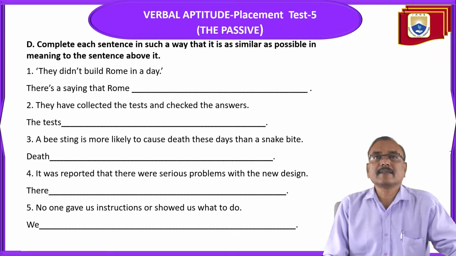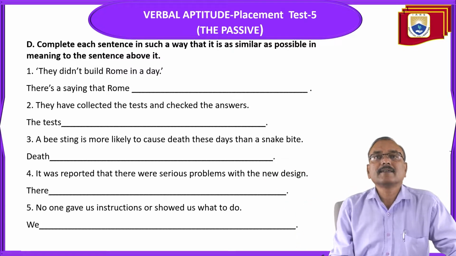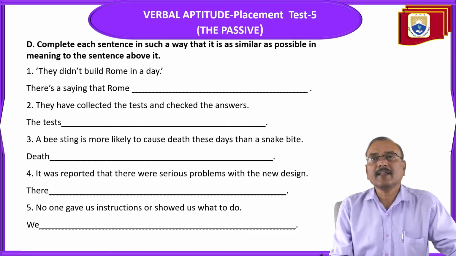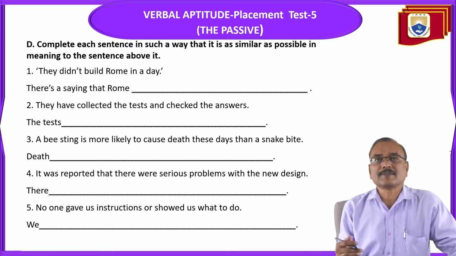This is a rewrite as directed. So, read the instructions. Complete each sentence in such a way that it is as similar as possible in meaning to the sentence above it. So see here, active to passive, passive to active, like that.